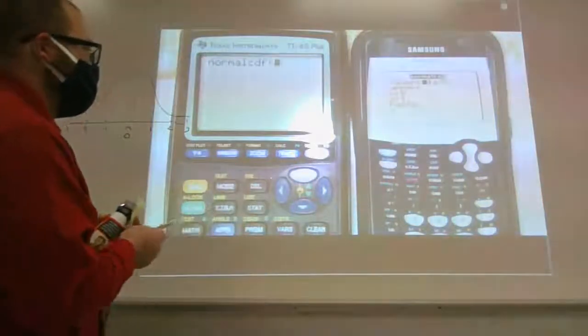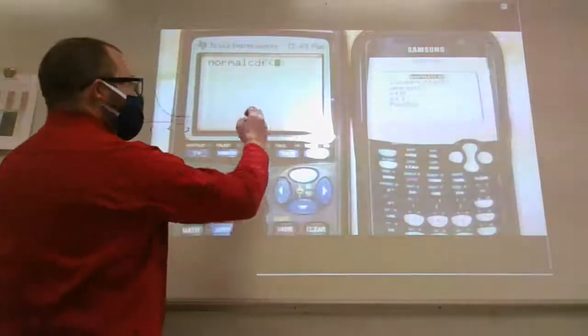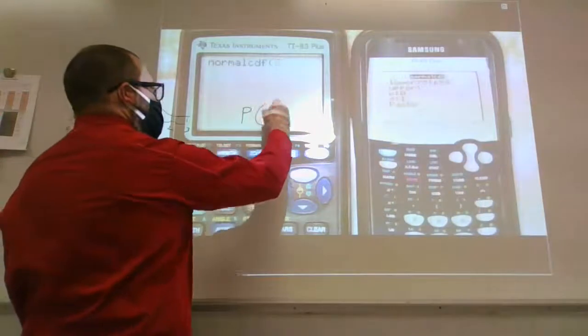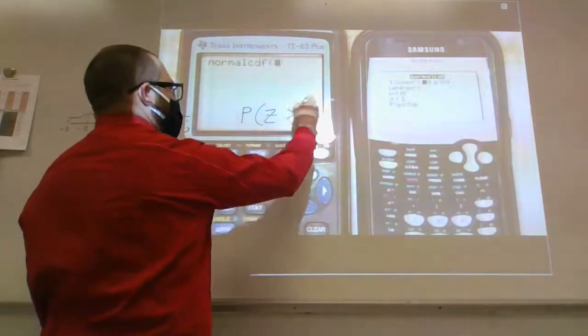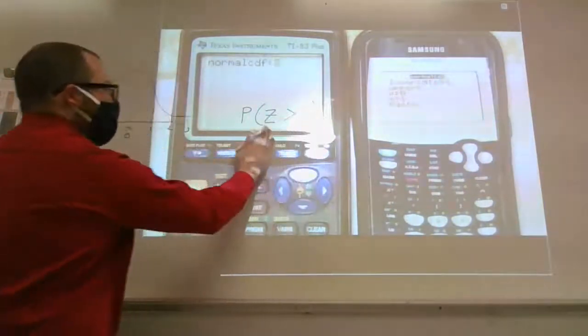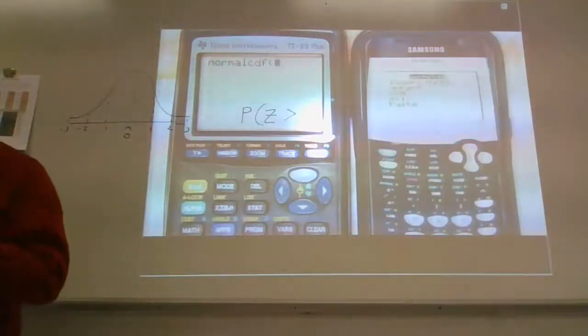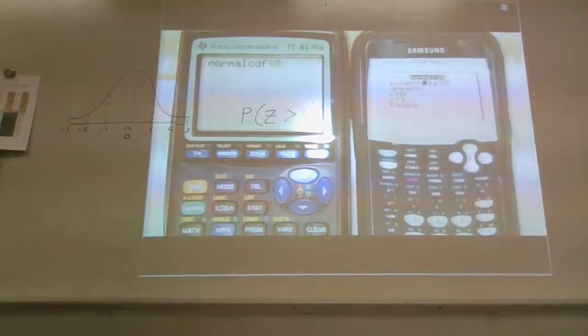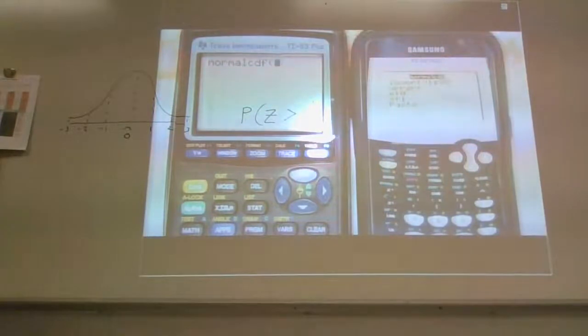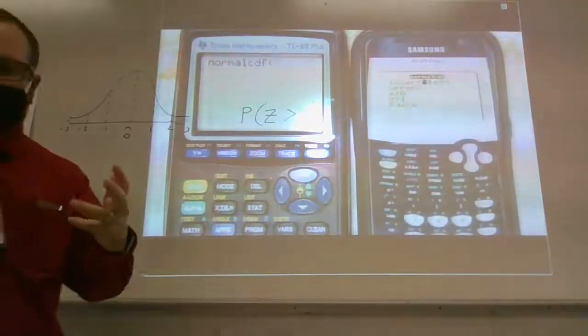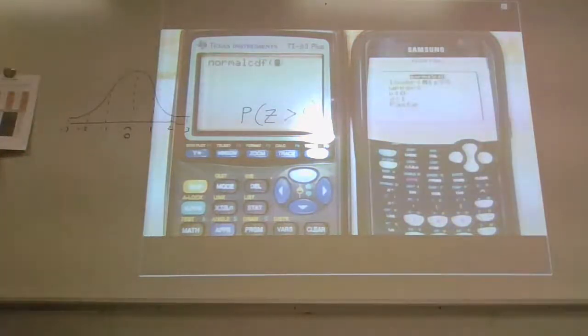Cool. Check this out. If I had a problem that was like this. Now, look at this real quick. This is a weird kind of calculation. First of all, they're talking about z-scores. I know they're talking about z-scores because of the letter z there. They're saying, what is the probability that the z would be greater than 4?